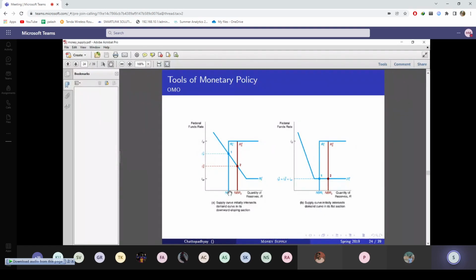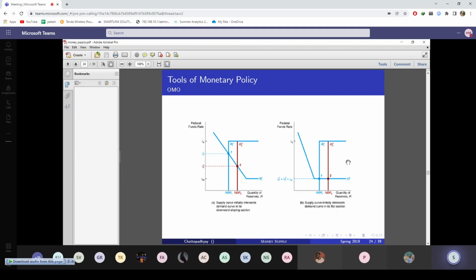Open market operation takes place. The central bank purchases from the commercial bank. Market clearing interest rate goes down from IFF1 to IFF2. Non-borrowed reserves rise from NBR1 to NBR2. High powered money rises, money supply rises, and we are absolutely fine. What is happening over here?